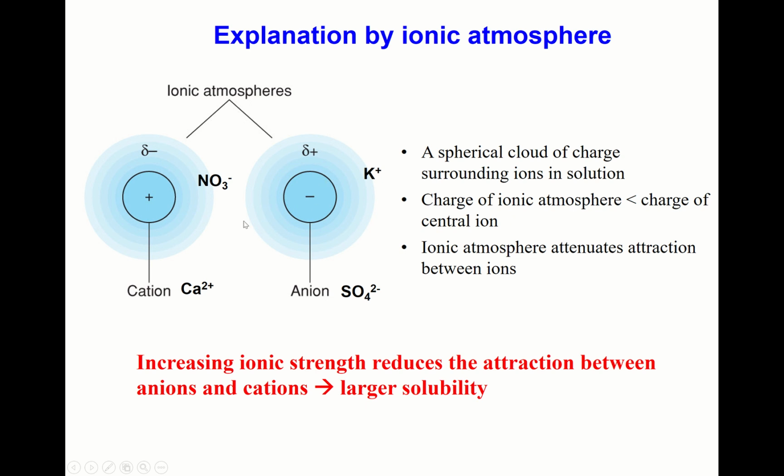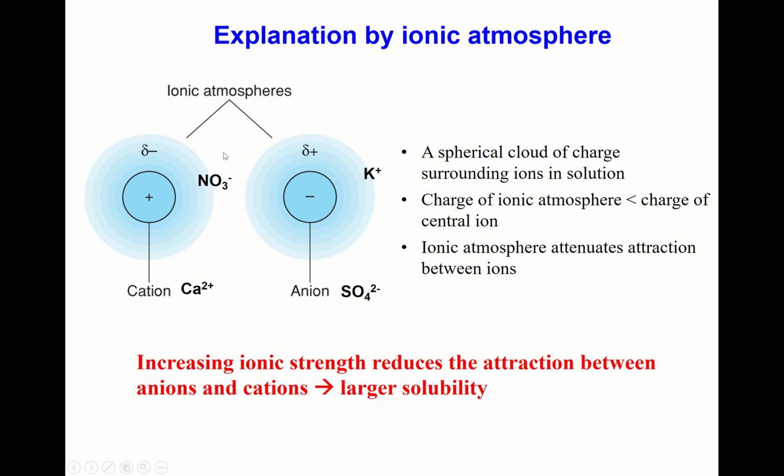But in this case, since you added potassium and nitrate ions, nitrate ions now distribute and surround this calcium ion. Likewise, around the sulfate ion there are, we don't know how many, potassium ions. And what is the result?